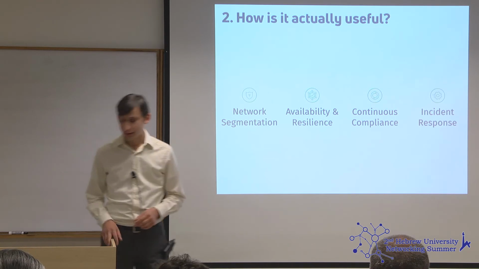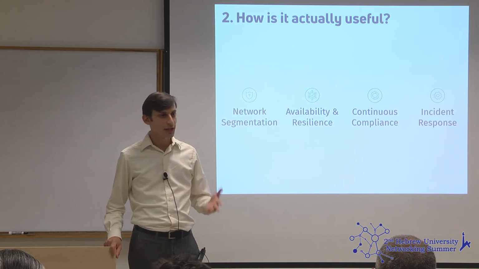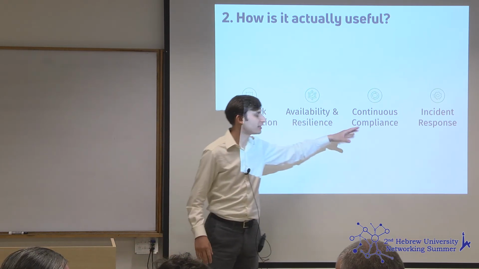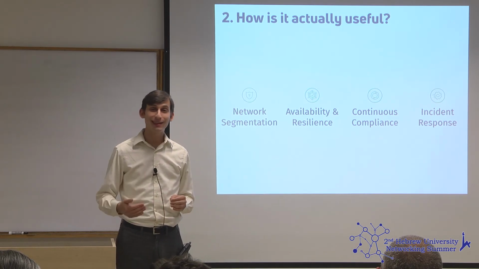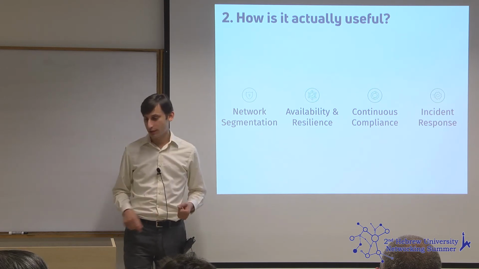And then incident response. Sometimes something happens, right? Hopefully you catch the problems, but occasionally there are incidents. When there is an incident, you want to understand the network as quickly as possible. So this means asking questions interactively.